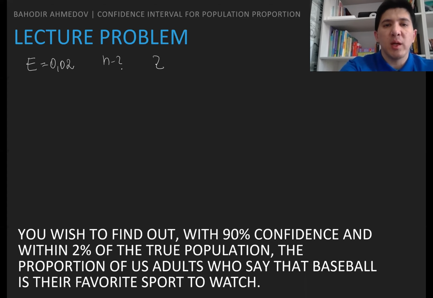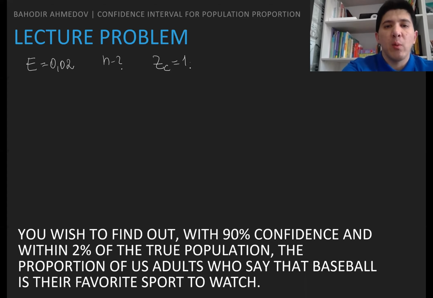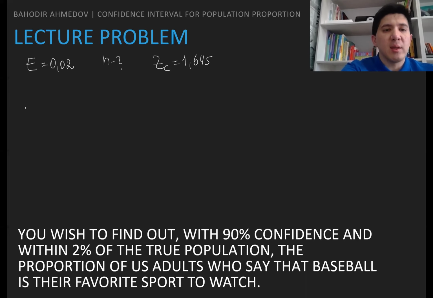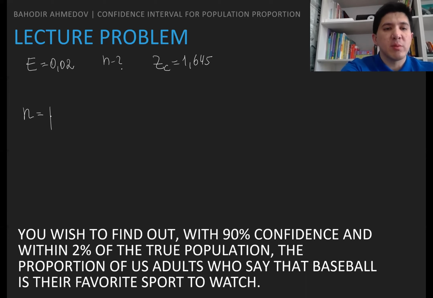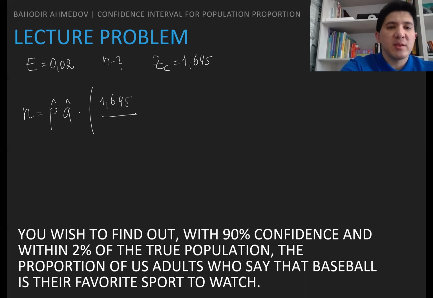It means that the critical point is the same as before, 1.645. So now we need to calculate the N. In order to do this, we need to use p hat times q hat times the z, which is 1.645, divided by the error margin, which is 0.02, in the square. If you remember the formula, it was z here and E here.